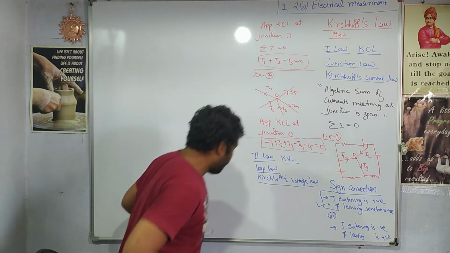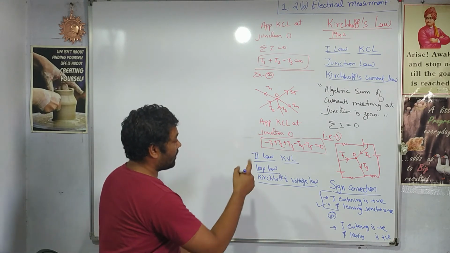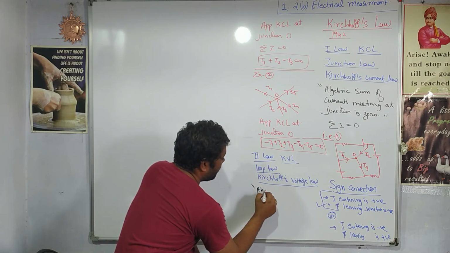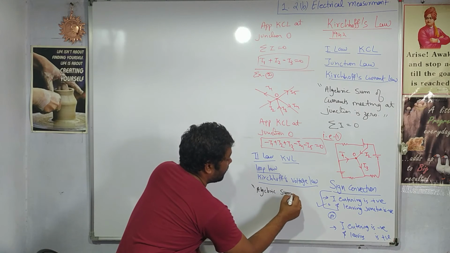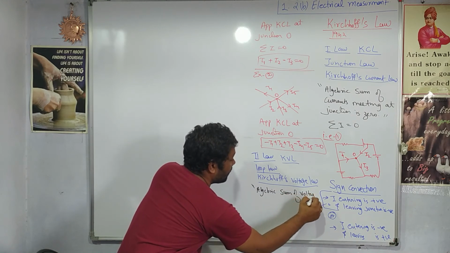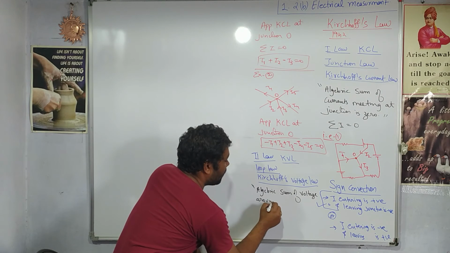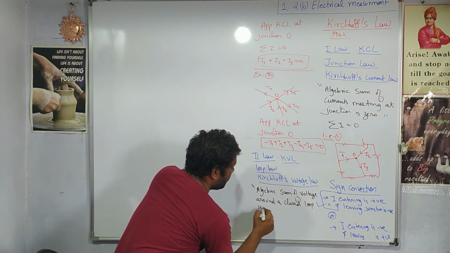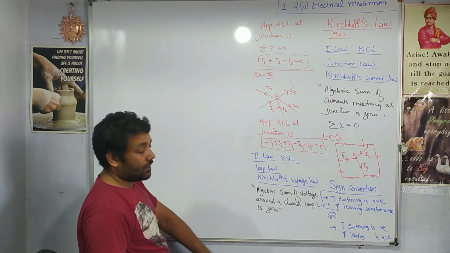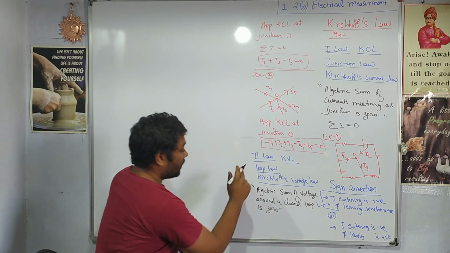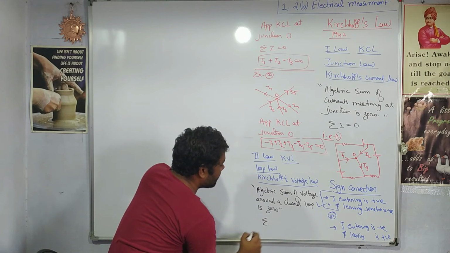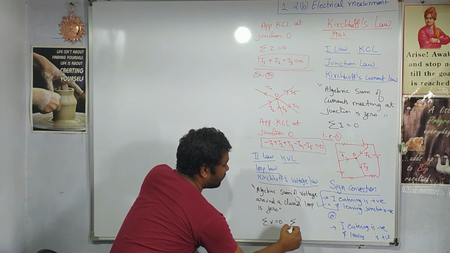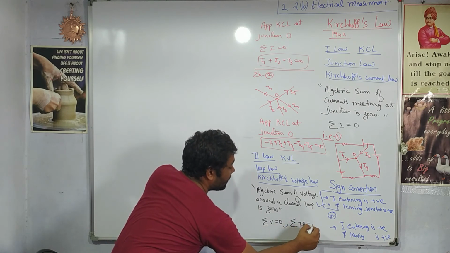This law states that the algebraic sum of voltages around a closed loop is 0. This is a little bit more typical than the first law. In mathematical form, the algebraic sum of the voltages around a loop is 0, or you can also write that the algebraic sum of the IR is 0.